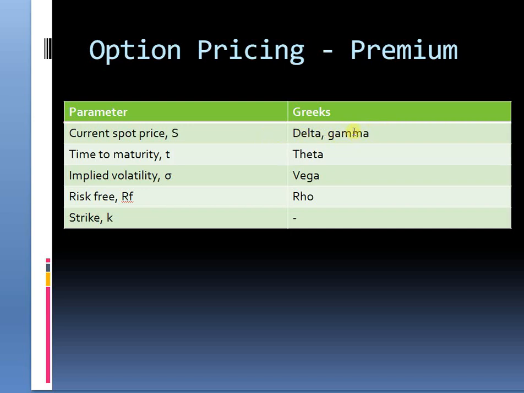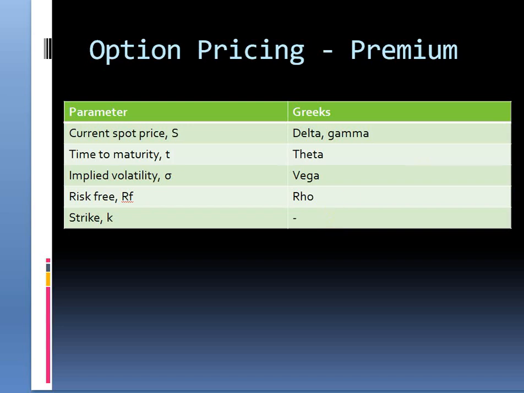Gamma is basically a higher derivative of delta. Theta is a derivative measuring time. Vega measures volatility. Rho measures the risk-free rate. Lastly, because the strike is a fixed number and doesn't change throughout the life of the option, there's nothing to measure, so there's no Greek for the strike price.